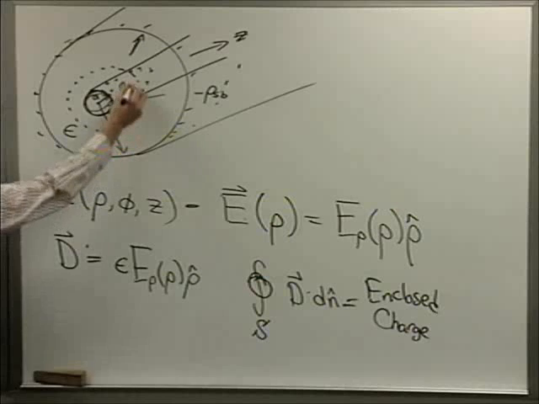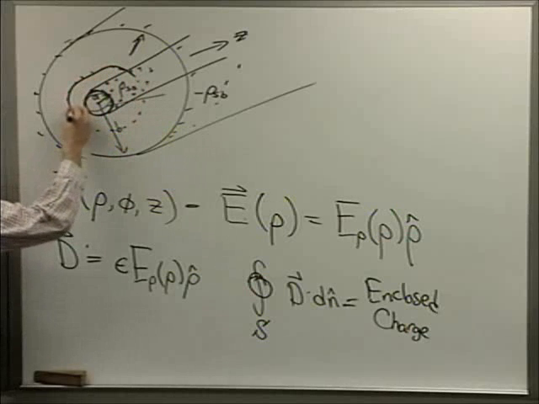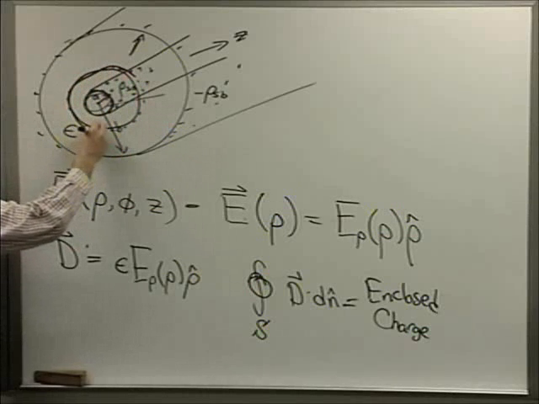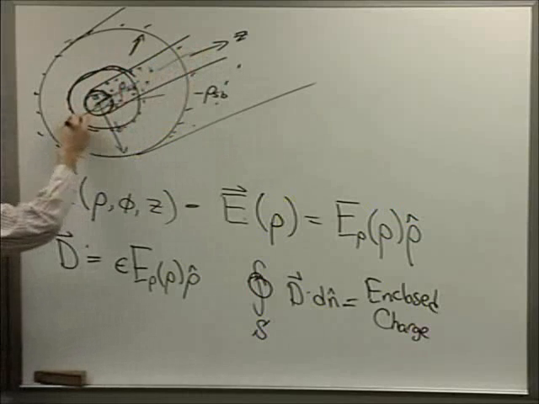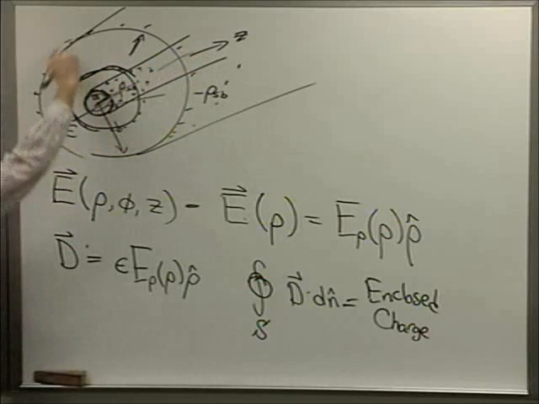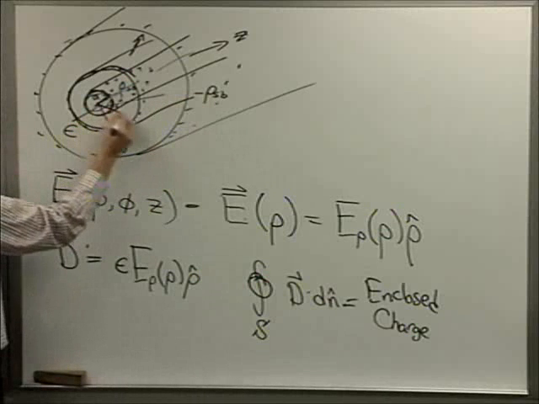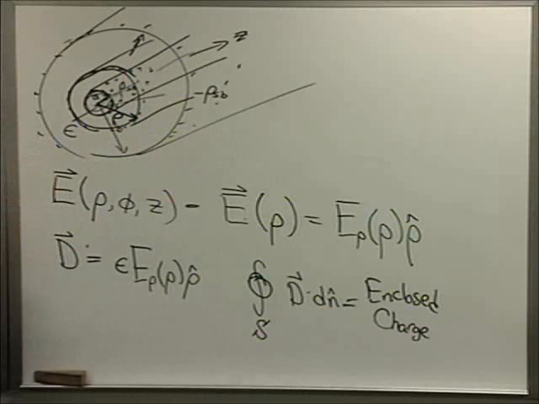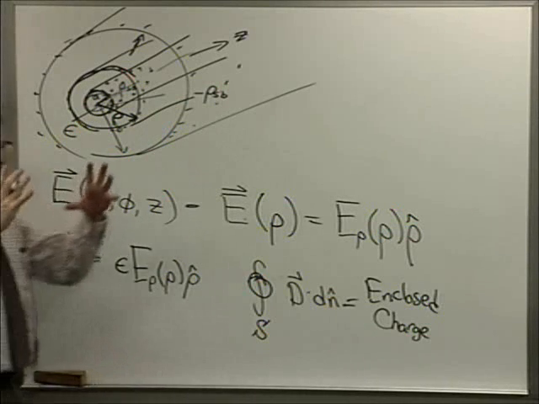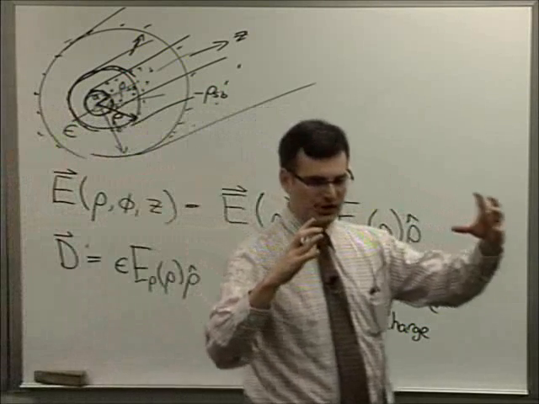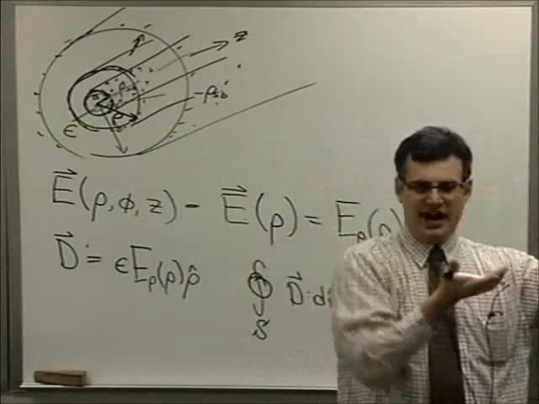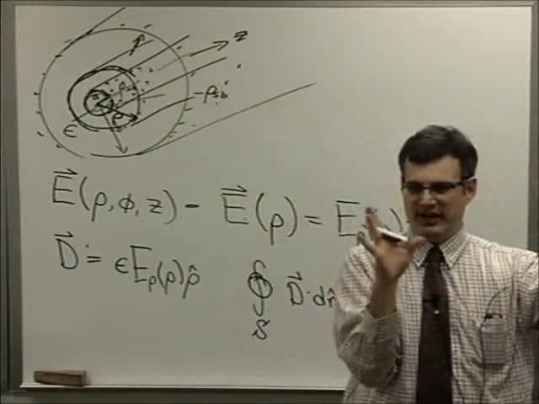So the surface that I'm going to pick is a cylinder centered on the z-axis that includes my first conductor but not my second conductor. It will be a point rho away from the z-axis. And it really has 3 sides, right? It's like a Pringles can. It's got the curvy outside and then the 2 circular ends.